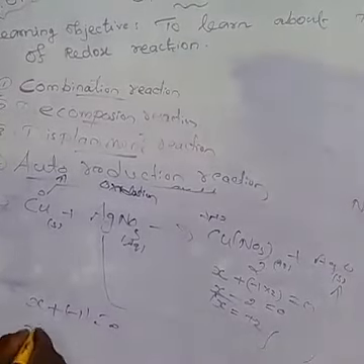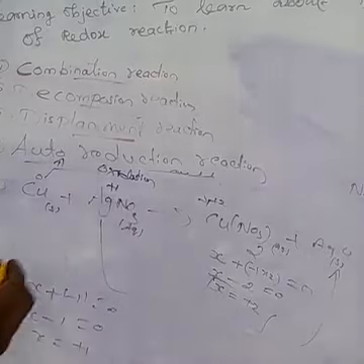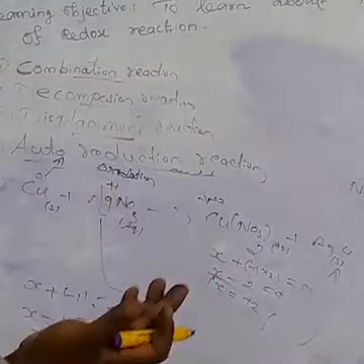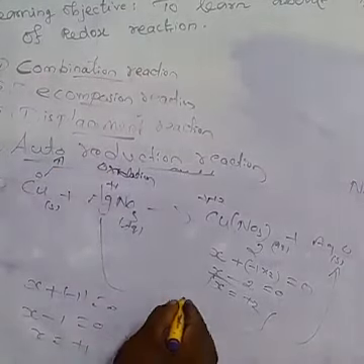So X minus 1 is equal to 0, X is equal to plus 1. So the charge here is plus 1. Now plus 1 to 0, is it decreasing or increasing? Decreasing. So it is a reduction reaction.